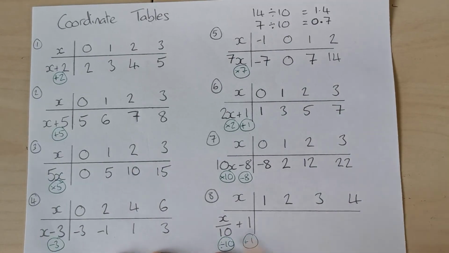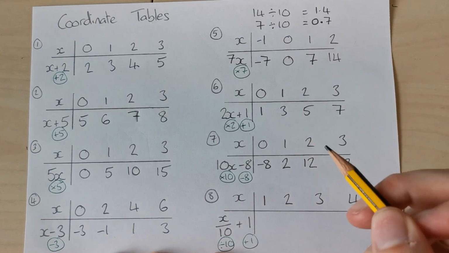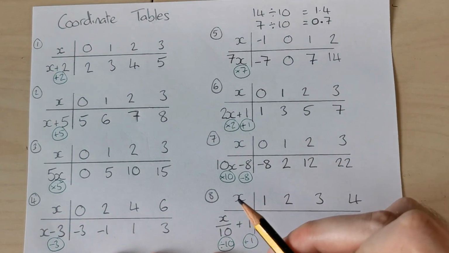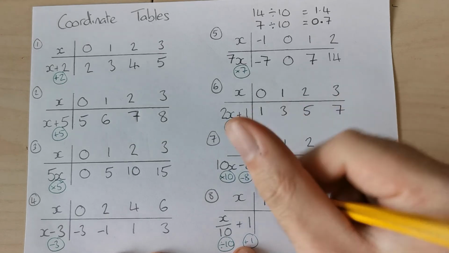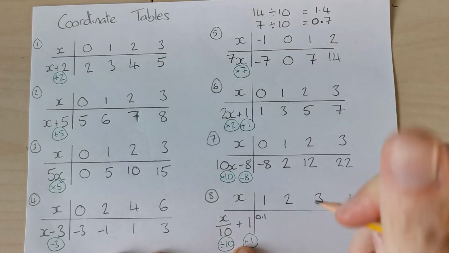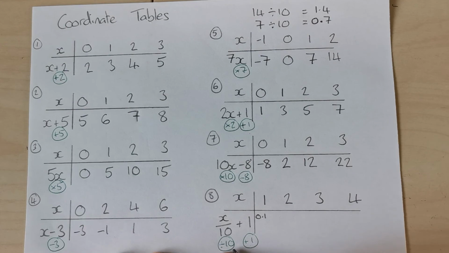So 1 divided by 10 is actually 0.1. And then 0.1, add 1. I'm actually going to put that in. 0.1 is what we got when we divided by 10.